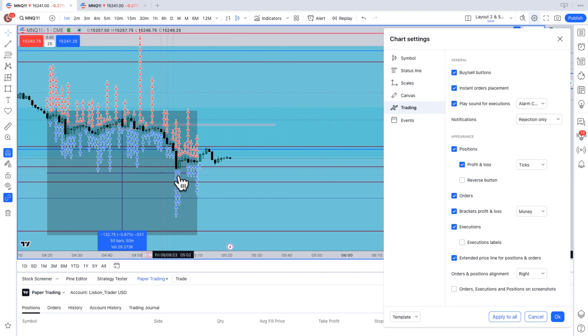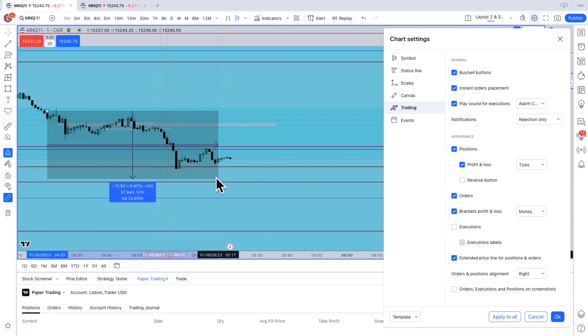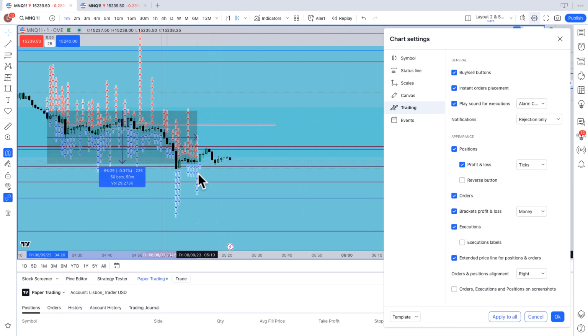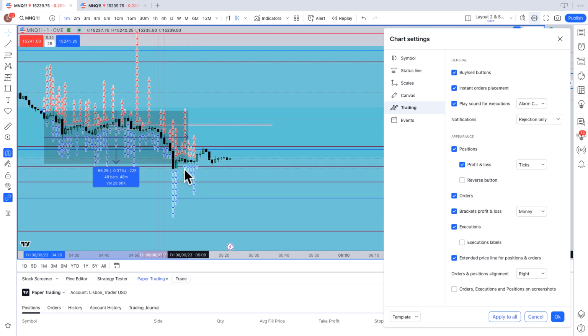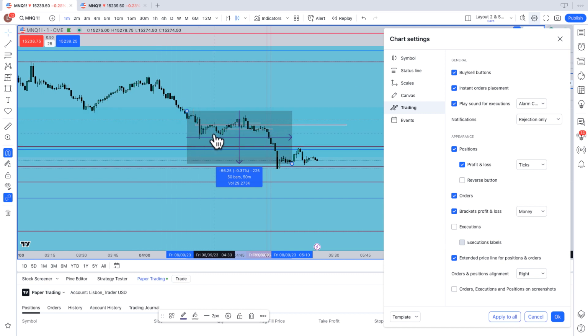Okay, market went up, stood in this range, so the market was bearish.